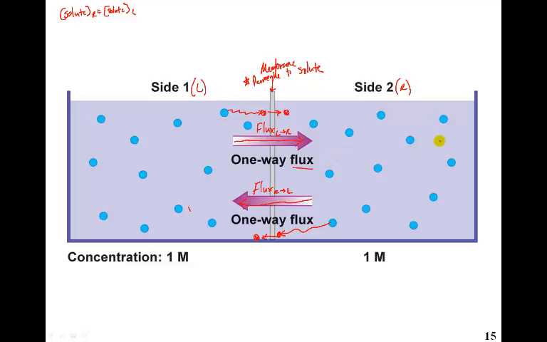And similarly, the flux from right to left, the more solute molecules there are on the right, the more likely they're going to go from right to left. So flux from left to right depends on the concentration on the left. Flux from right to left depends on the concentration on the right. In this case, the concentrations on the two sides are equal.